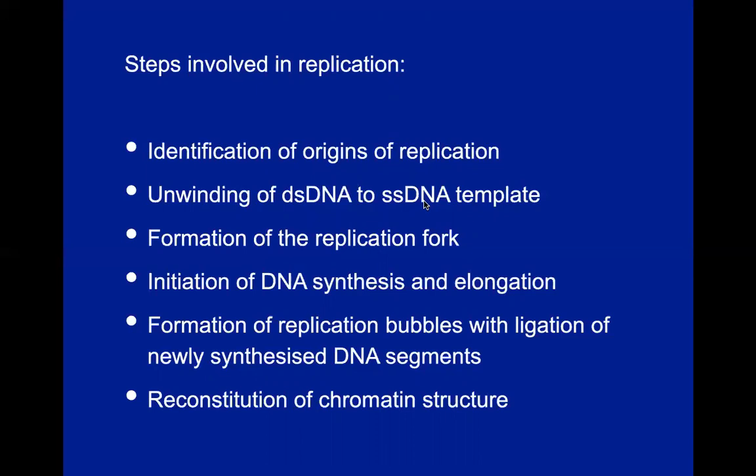Template means having this as the parental strand. Complementary base pairs to this strand will be synthesized by the DNA polymerase. So this single strand DNA will be acting as a template on which complementary base pairs are bonded. Then formation of the replication fork, initiation of DNA synthesis, and then elongation.